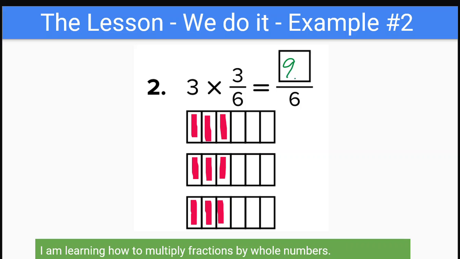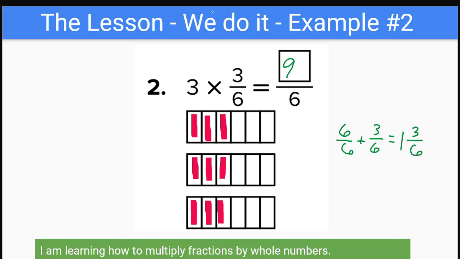Now, 9/6 is an improper fraction, isn't it? Okay, it's the same thing as 6/6 plus 3/6. Okay, and that equals, this is equal to 1 whole right here, and this is equal to 3/6, so it's 1 3/6.